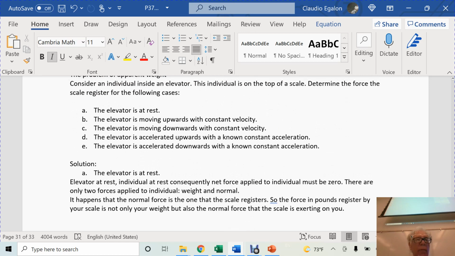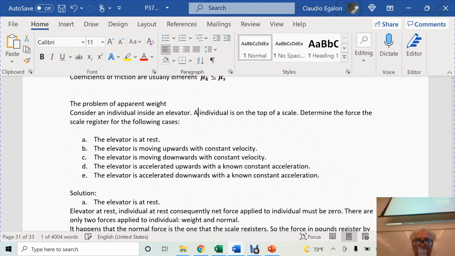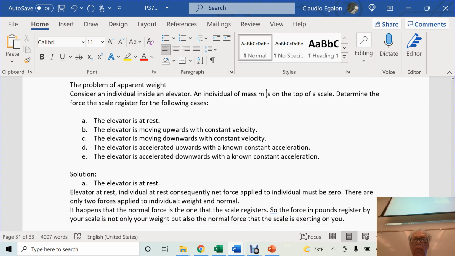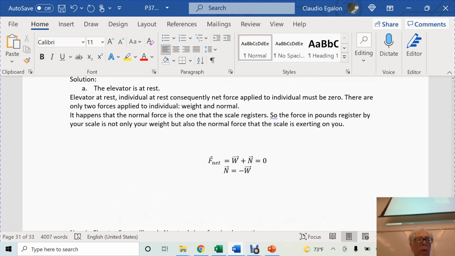Did I say that the individual has a mass m? An individual of mass m is on top of a scale. Determine the force the scale registers for the following cases. Here you go. I'm going to write that down: the magnitude of the normal here.